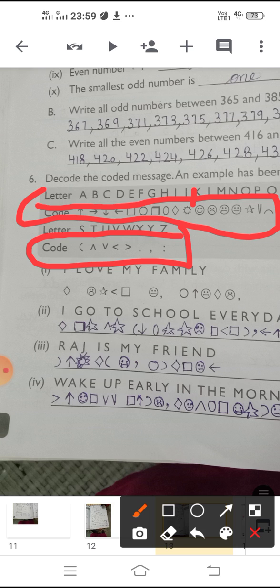For I they are using this diamond shape. In the same way, whichever letter has a code, we will use that code to complete our message. For example, I is a diamond shape, then G is a square, O is a star.